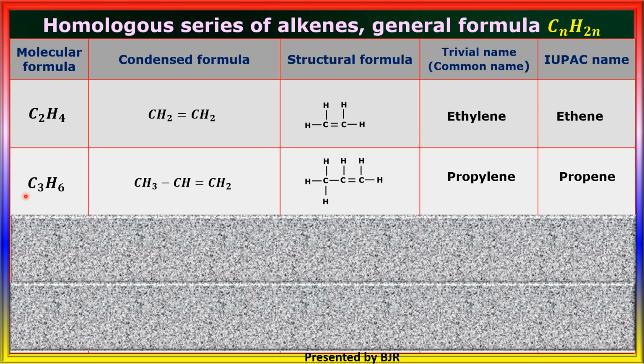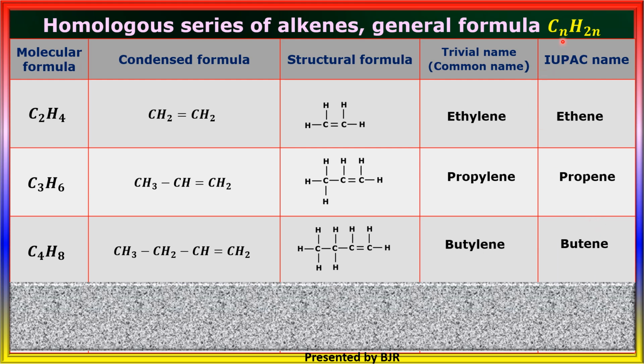So in this formula, one carbon and two hydrogen atoms are more compared to this formula, and this one is the condensed formula, and the structural formula is this, and the trivial name of this molecule is propylene. IUPAC name is propene.